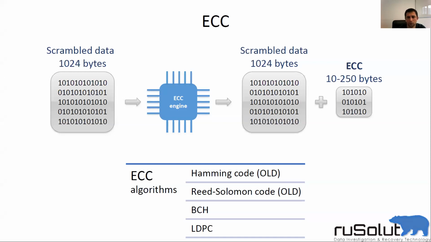And when you run auto detection for ECC, VNR is searching in that database for a good or correct code word for this particular device you are dealing with. Code word is like a formula which is used to calculate, fix and check bit errors.